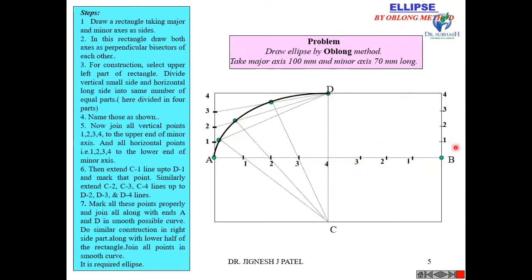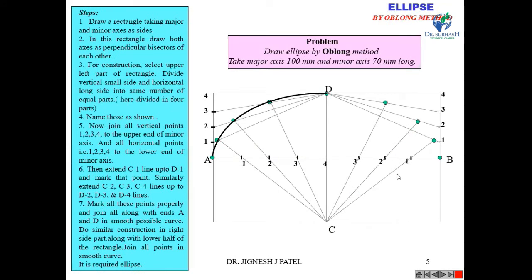Now join D1, D2, D3 and D4. Similarly, join C1 and extend it up to D1, C2 extend it up to D2, and C3 likewise. Join all these points by a smooth curve. Similarly, repeat this process below the AB line, and you will get the complete ellipse. This method is known as the oblong method, or you can say the rectangle method.